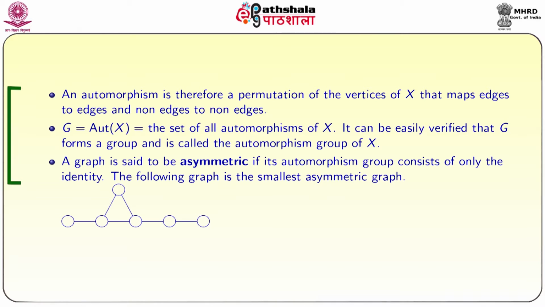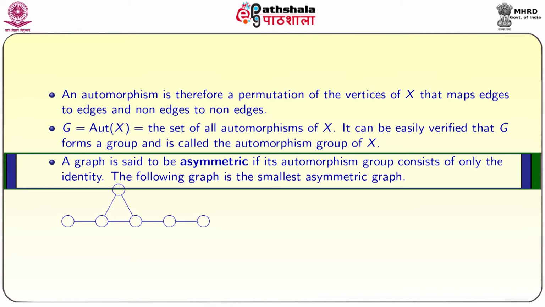So, if you collect all automorphisms, that is all mappings from vertex set of x to vertex set of x satisfying the property that it preserves the adjacency, then that collection forms a group. It is called the automorphism group of the graph x.